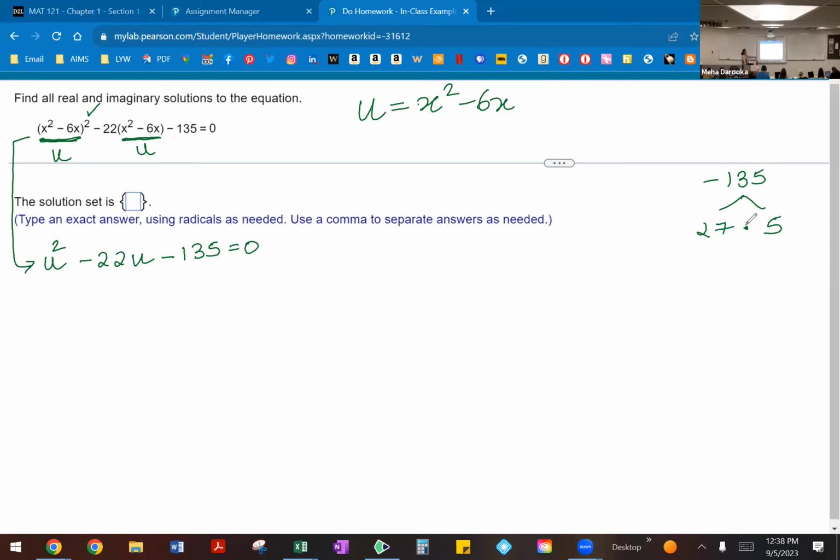What should the signs look like? Because we know our product has to be negative, right, when we multiply those two numbers. So what kind of signs should I have on 27 and 5? Because one of them will be positive, one of them will be negative. Which one do you think would do better by being negative, the 5 or the 27? Since we need the two numbers to add up to negative 22, you want the larger number to be negative. So that would be negative 27, positive 5.